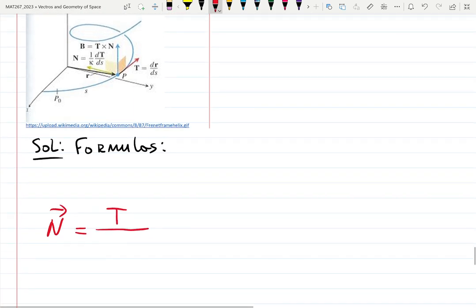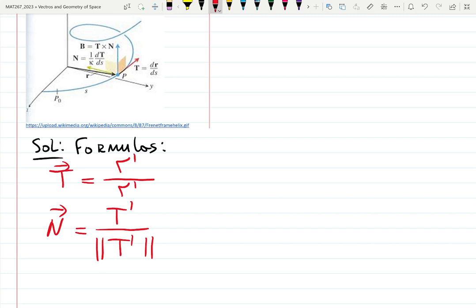So you'll have T prime over the size of T prime. To find that, I need to first find T, the unit tangent vector. That is r prime over the size of r prime. To find that, guess what you need to find first? r prime. So it's all going back to the original r.